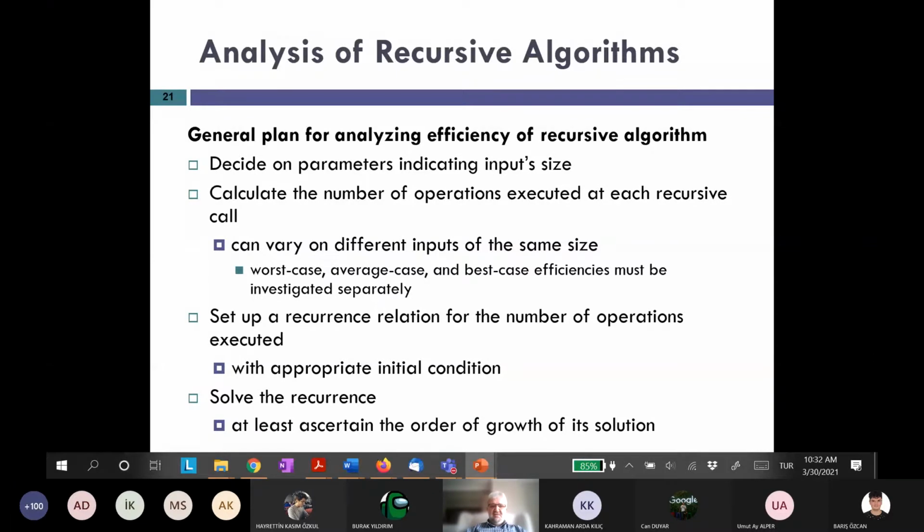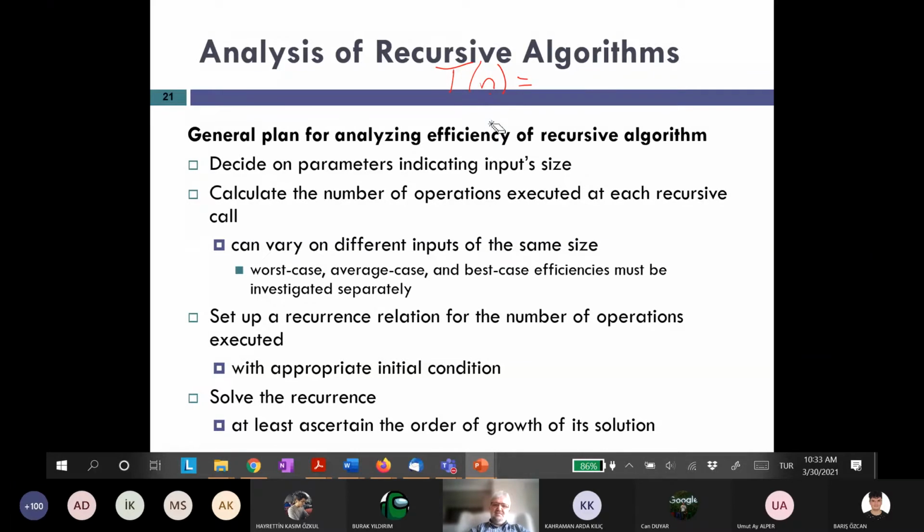As with all the other iterative algorithms, we have to decide on the parameter indicating the input size. So we have to decide what is the running time. Let's say we write T(n) for the running time. What is this n?